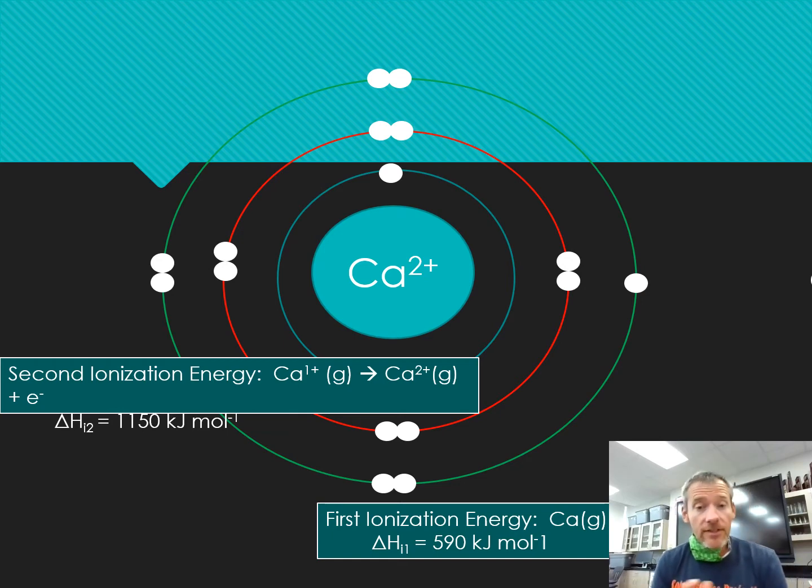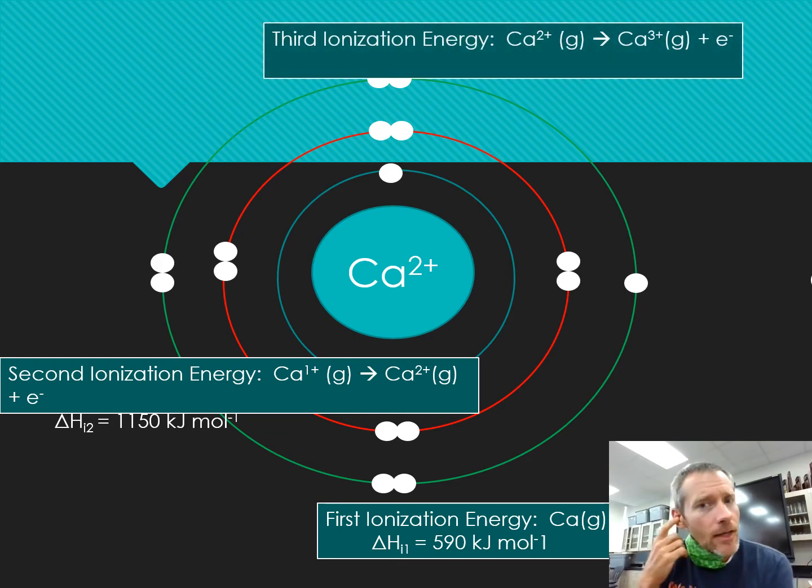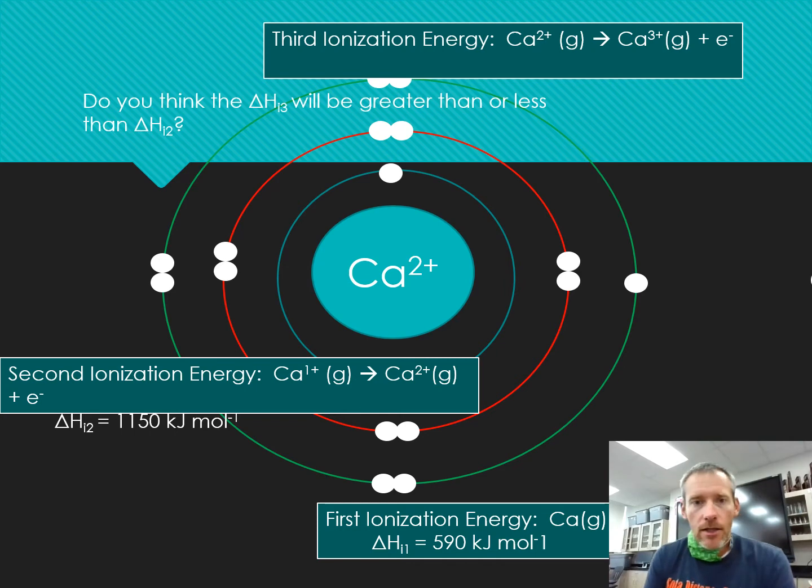Now, if I took another electron away, it had its 2 valence electrons, and now it has its 8 valence electrons. So I take that 1 away. Its third ionization energy. Now, do you think this will be greater or less than ionization energy 2?